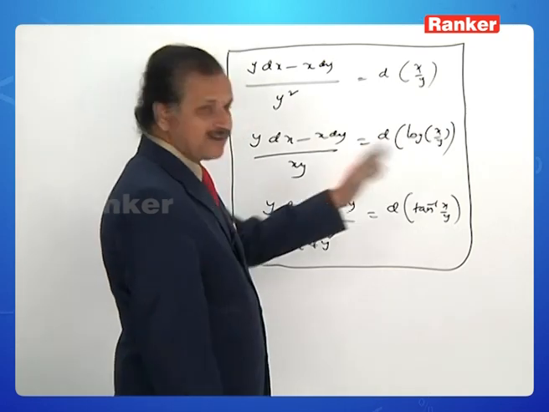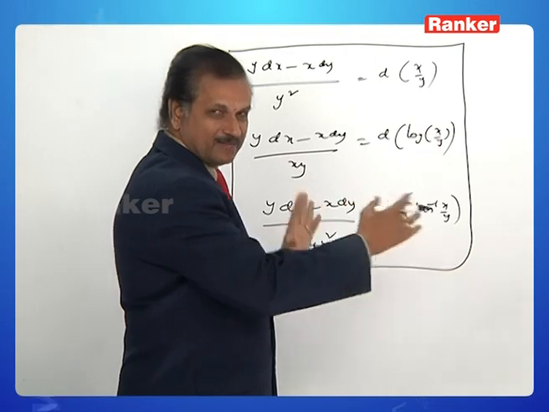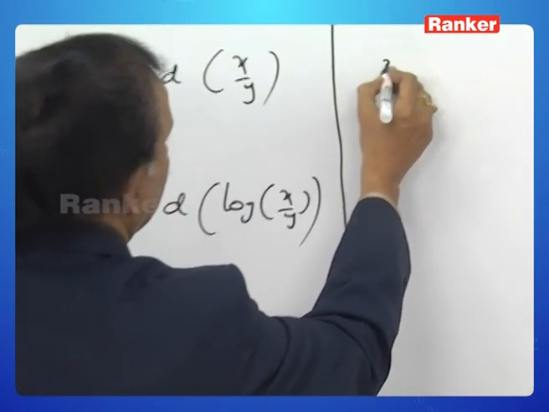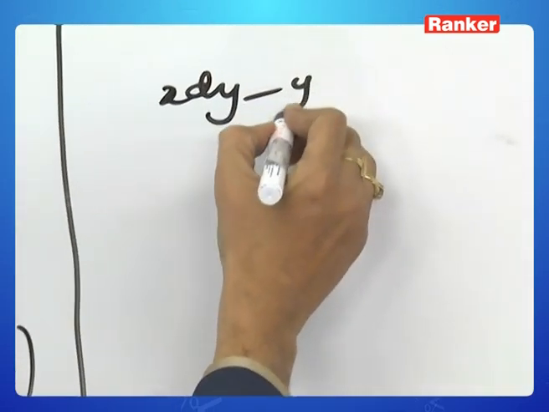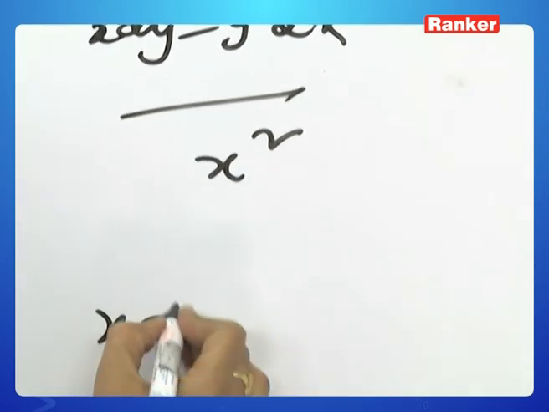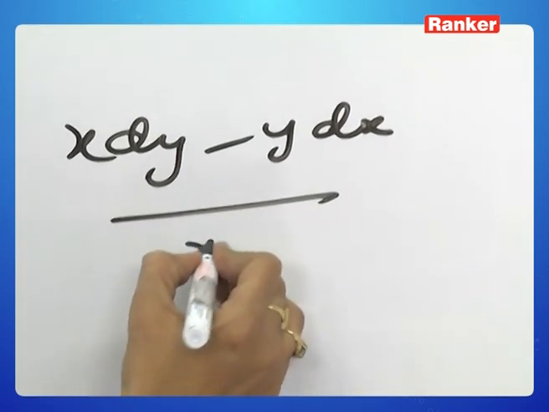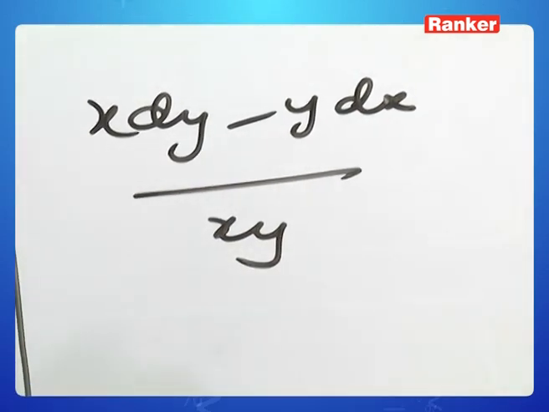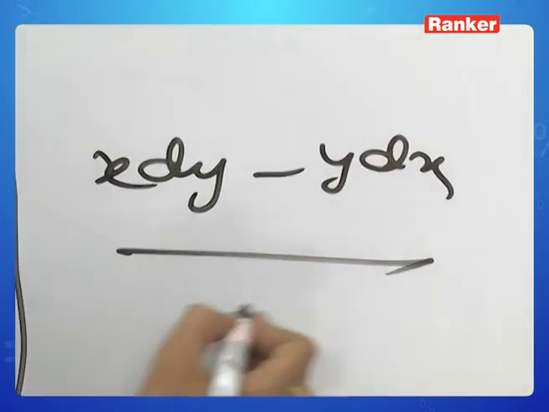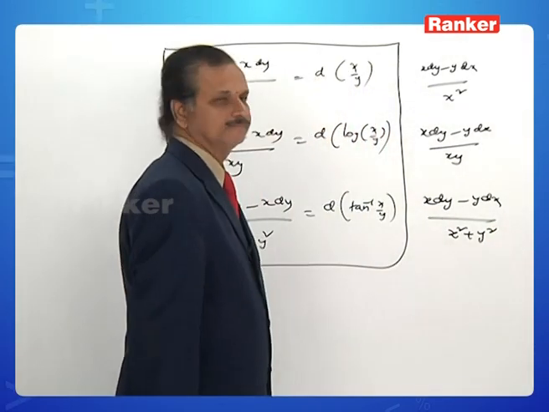Let us create another such box so that we will be able to understand the comparison of these two boxes. x dy minus y dx by x square, x dy minus y dx by xy, x dy minus y dx by x square plus y square.